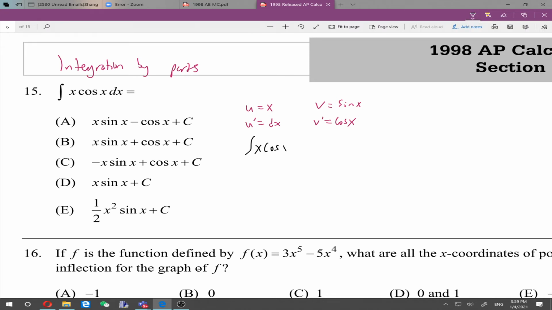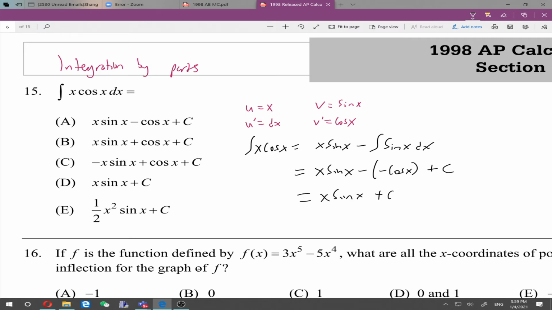X sine x minus integral of sine x. Okay, what happens when you integrate sine? Negative cosine. Okay, that was the last integral, so I'm going to add a plus c. This is x sine x plus cosine x plus c.